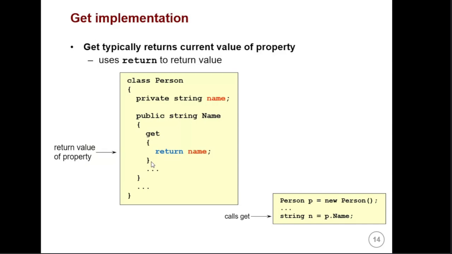In this case, the value it returns is the attribute name. Take note, the name of the property need not be the same as the declared storage. The names can be different.